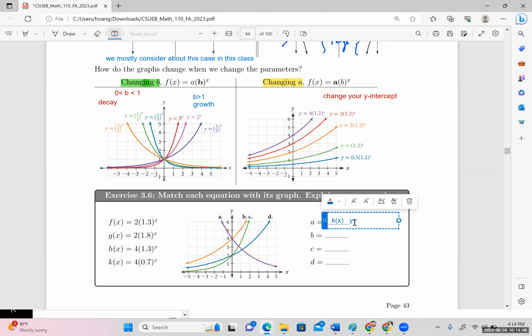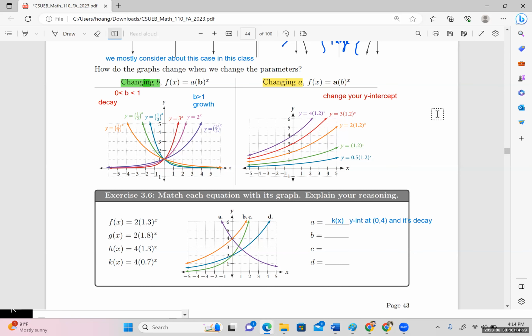The reason could be the y-intercept at 0, 4, and it is decay, an exponential decay function. So go ahead and try that and do the rest for me.